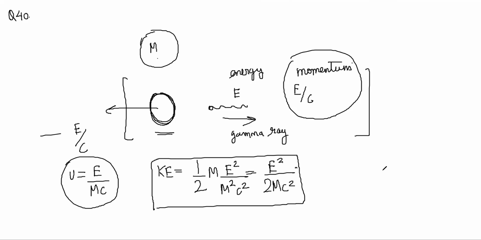And the energy of the photon was E. So the total final energy of the system is E plus E square by 2mc square, right?